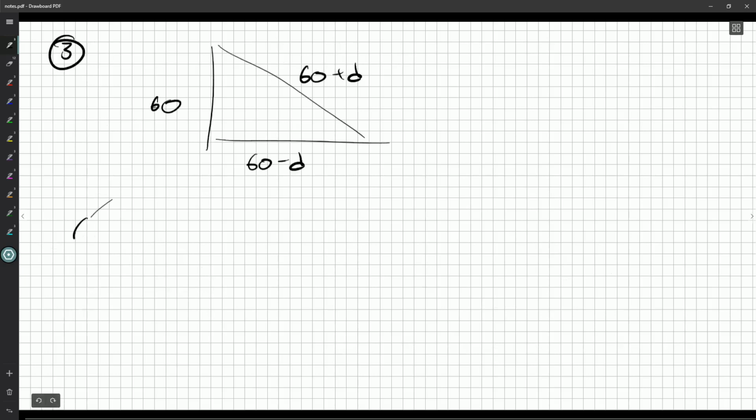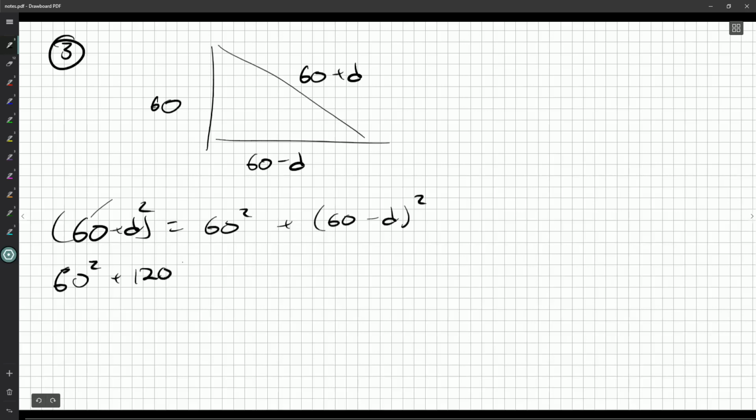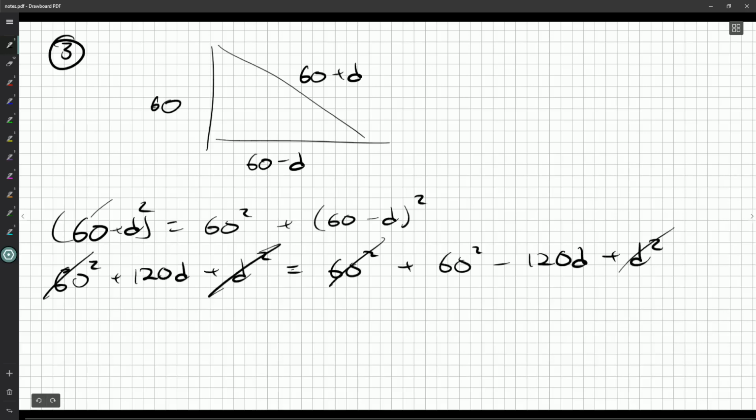And now, case 3, and this was where 60 is one of the shorter sides, but it's not the shortest side. So I'll get 60 plus d squared is 60 squared plus 60 minus d squared. 60 squared plus 120d plus d squared is equal to 60 squared plus 60 squared minus 120d plus d squared. 2 of the 60 squareds and the d squareds will cancel out. 240d is 360.